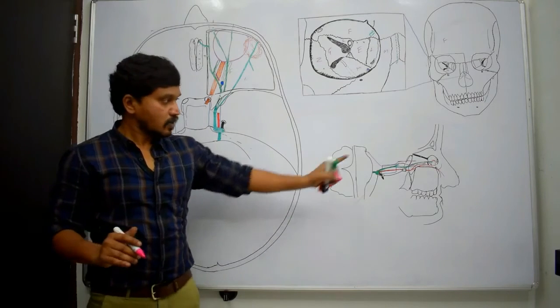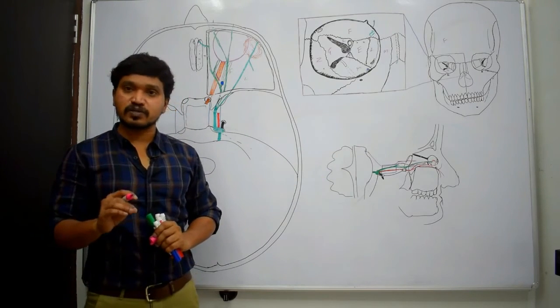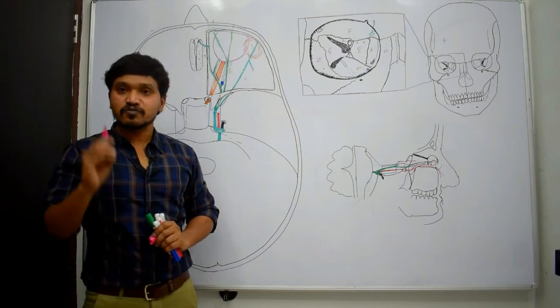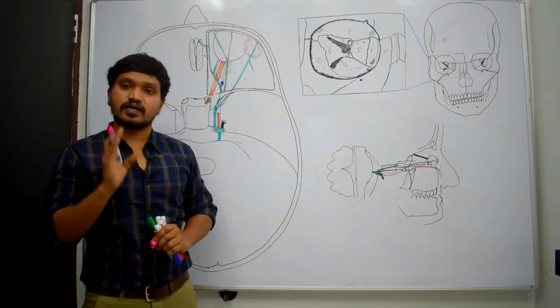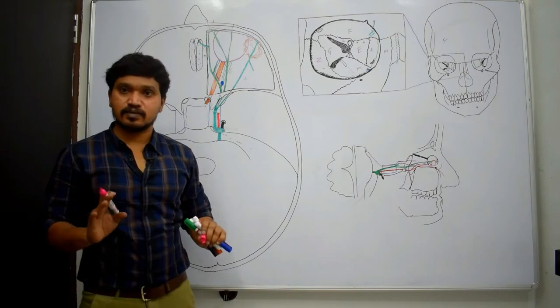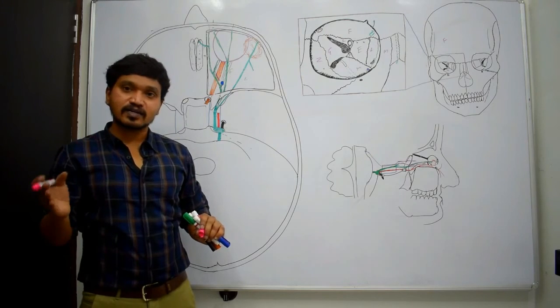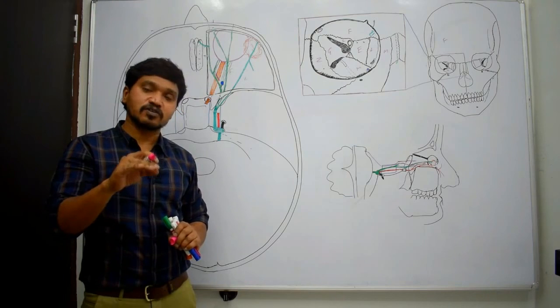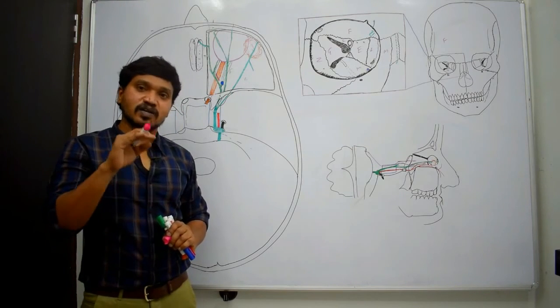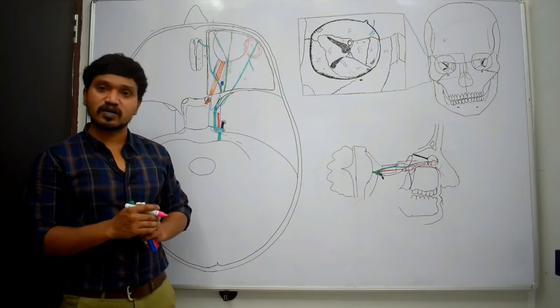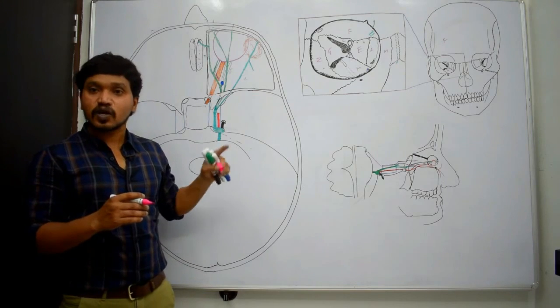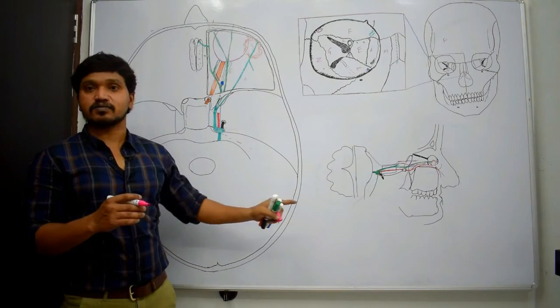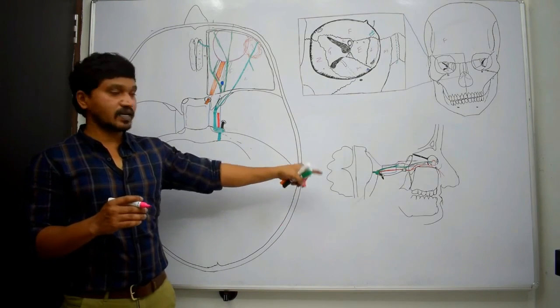That's it. Lower division will supply the inferior oblique, inferior rectus and medial rectus. That's it. Because lateral rectus is supplied by the 6th cranial nerve, superior oblique is supplied by the 4th cranial nerve, that means the trochlear nerve. That is about the oculomotor nerve or third cranial nerve. Actually, the lower division is carrying the parasympathetic nerves that we discussed in the ciliary ganglion.